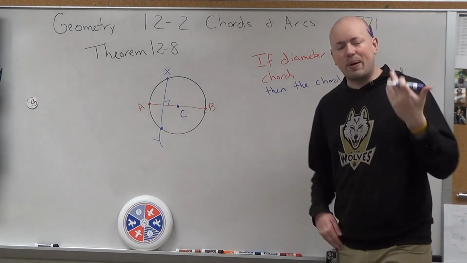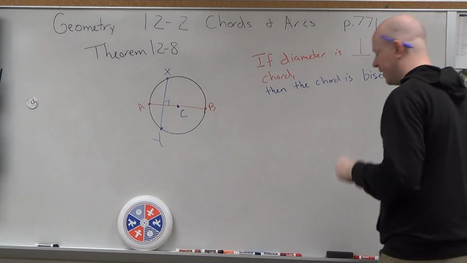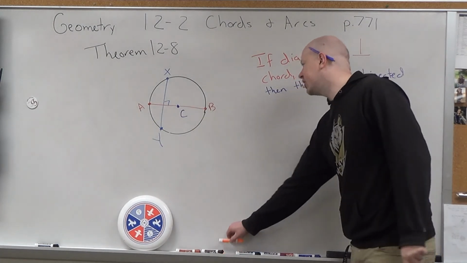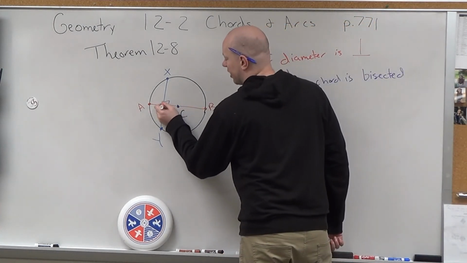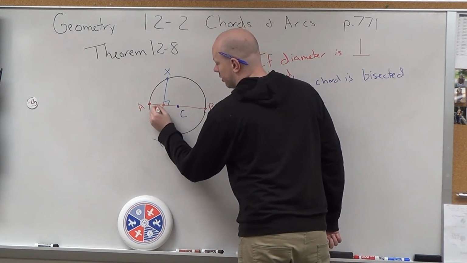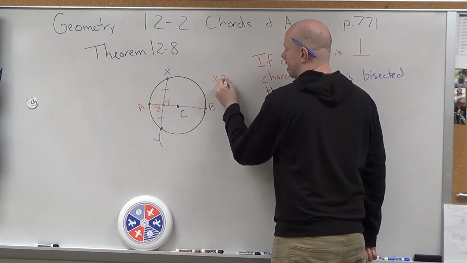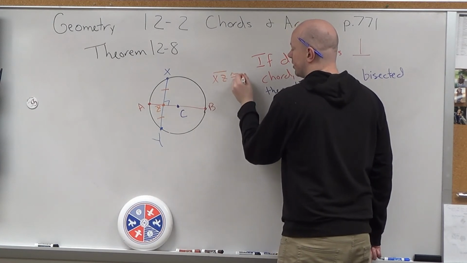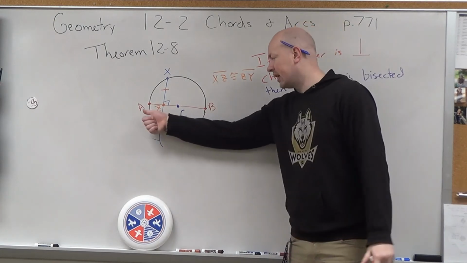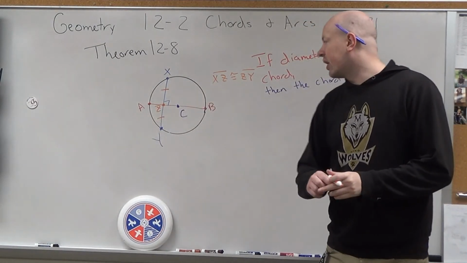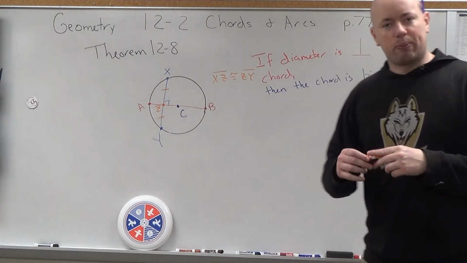So again, what does bisected mean? We've talked about that way back in previous geometry terms. Bisected just means to split in half. So if I had this value was Z, I would know that XZ would be congruent to ZY because that is bisected, because again, AB is a diameter that meets that chord at a right angle. It is perpendicular.